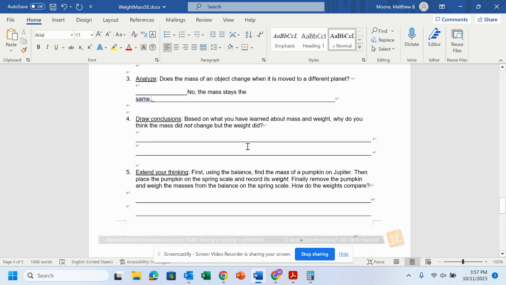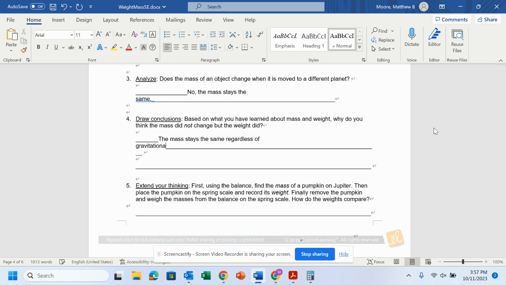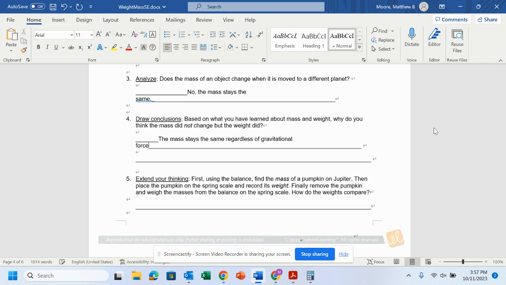Draw conclusions. Based on what you have learned about mass and weight, why do you think the mass did not change, but the weight did? So you're going to come up with your own answer, but my estimation would be mass stays the same regardless of gravitational forces.